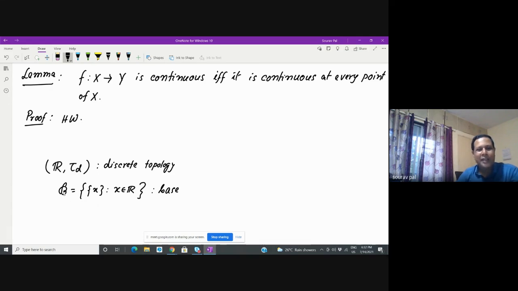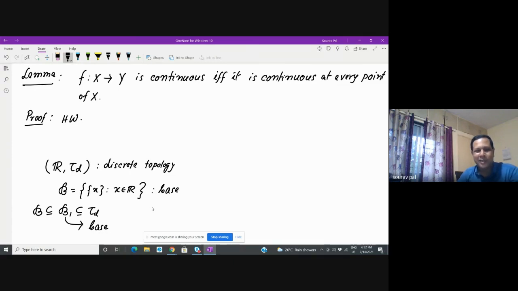Now, if you choose any super collection of that, say B1, that lies in between script B and tau d, meaning this B1 is a subcollection of the topology itself and a superset of script B, then it is also a base.